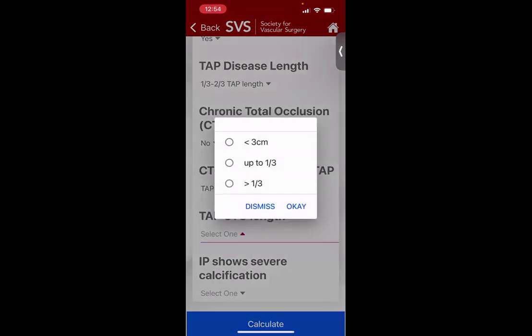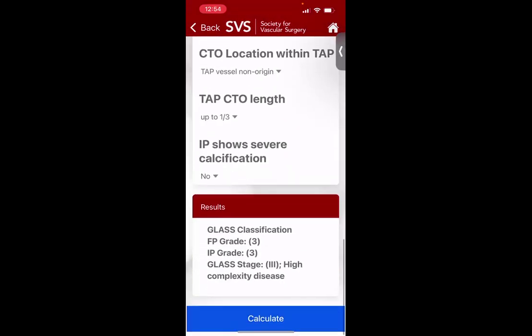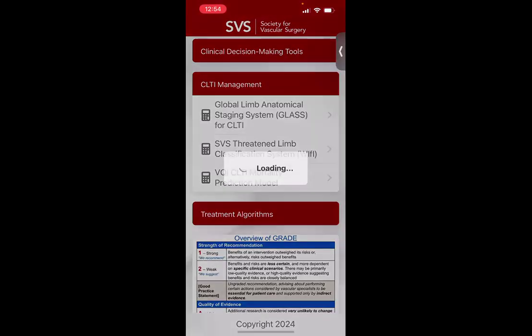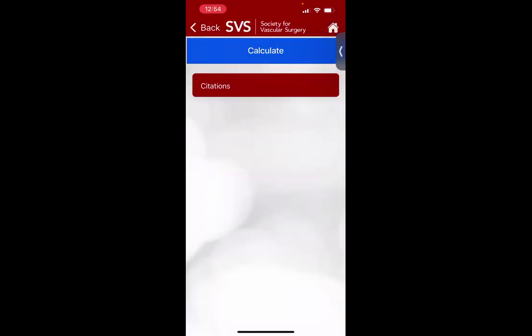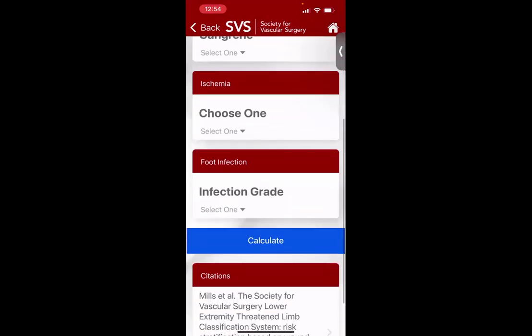And then is there heavy calcification? And then you can calculate, and this is what's going to show you: GLASS classification, femoral popliteal grade 3, infrapopliteal grade 3, GLASS stage 3, high complexity risk. The same thing for the WIfI. Is there ulcer, gangrene, infection?